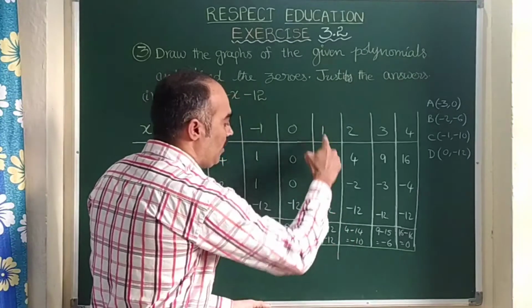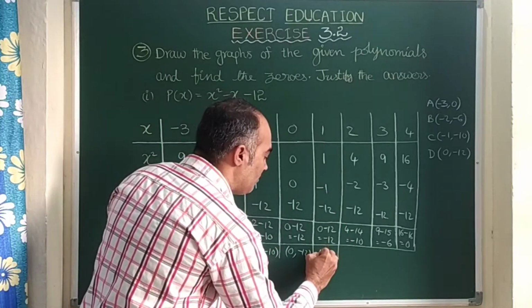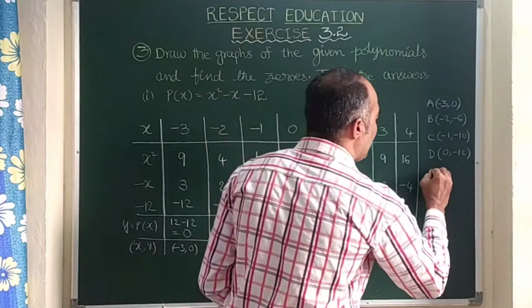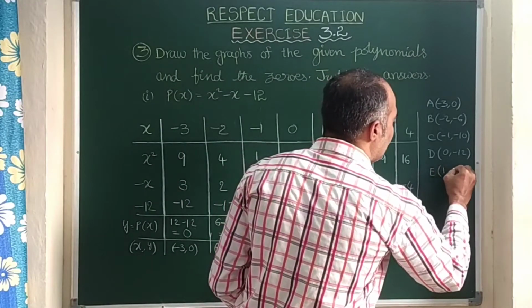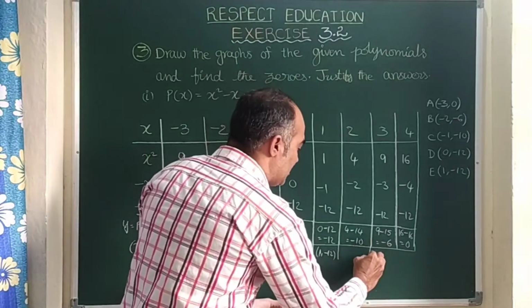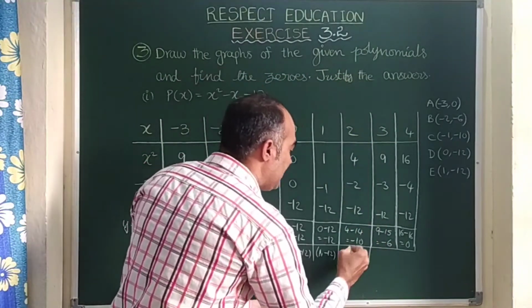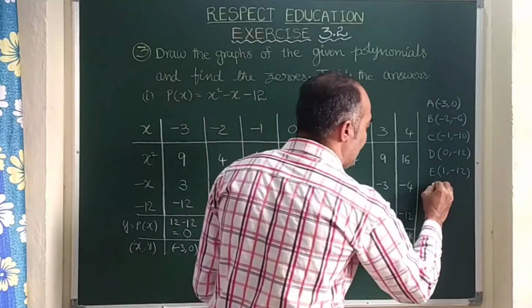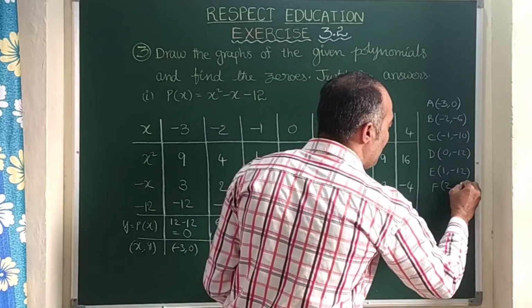Next point, 1 comma minus 12. So I am taking this point as E, it is 1 comma minus 12, right? Here next point, 2 comma minus 10. I am taking it as F, 2 comma minus 10.